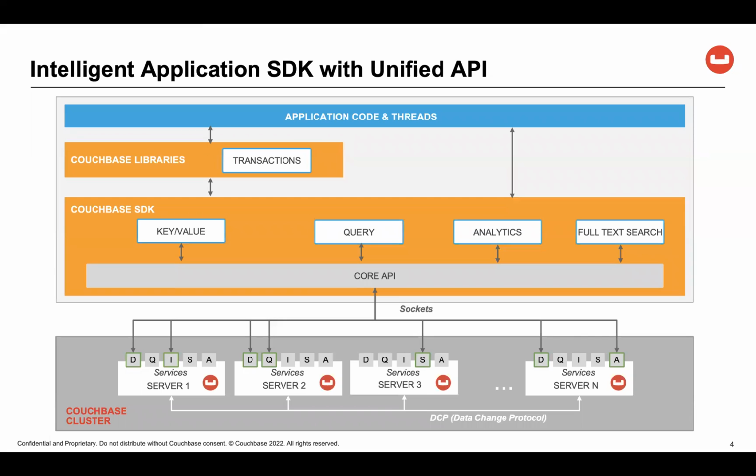So here's an architectural diagram, if you will, of how all of it works, and I can speak to this for a moment. At the top, you have your application code in blue, and below that, the Couchbase SDK for that programming language. There's a separate library injected into this diagram to depict that it's available should you need ACID transaction support. We chose to implement that as a separate library.